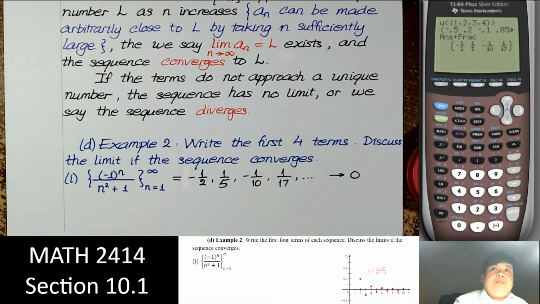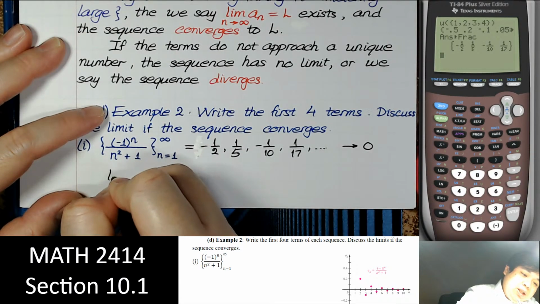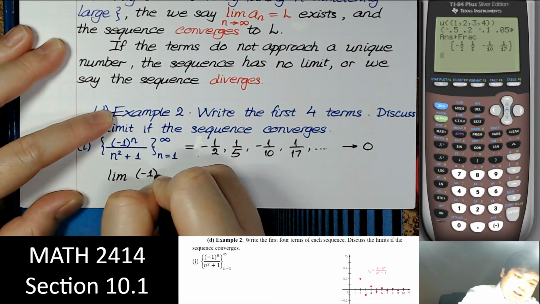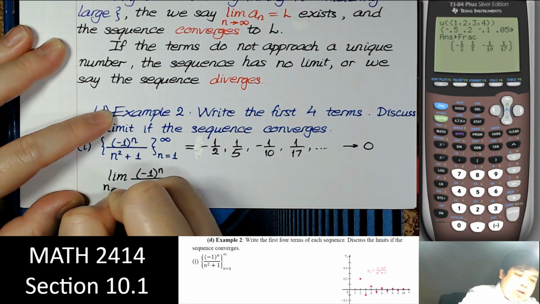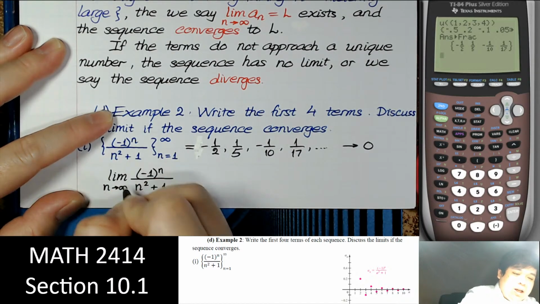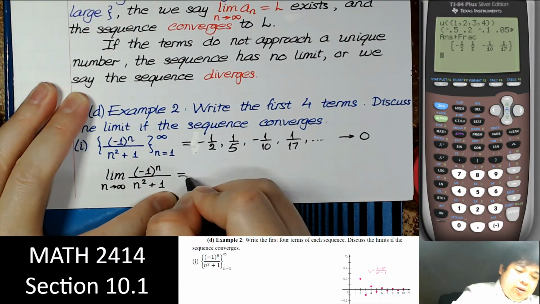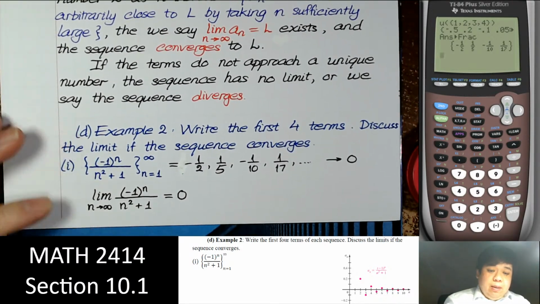That sequence says. Right. Now, how do we actually write the limit? We just say limit of this one. So rather than using the function, now we write this for a sequence. When n goes to infinity, this will go to 0. Right. And how can we say that mathematically?